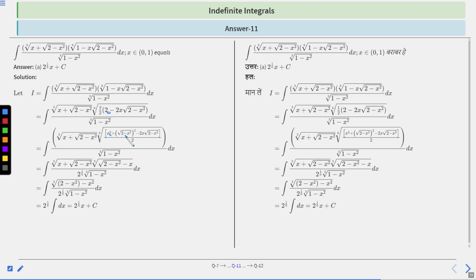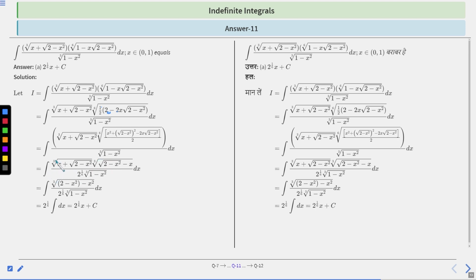Because root over 2 minus x square whole square will be 2 minus x square, and x square and minus x square will cancel out to become 2, right? And this minus 2x root over 2 minus x square will be as it is. Now, in the denominator it will be 1 minus x square cube root of 1 minus x square.